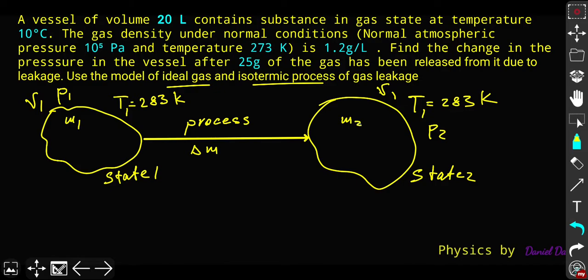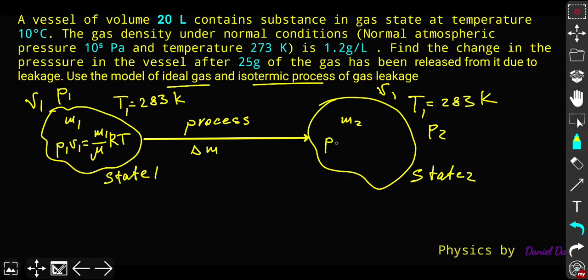So what we can do, we can just write two gas states, for the initial state. So we'll write it this way: P1 V1 equals m1 over molar mass, which is obviously not changing, RT. So temperature is not changing as well.